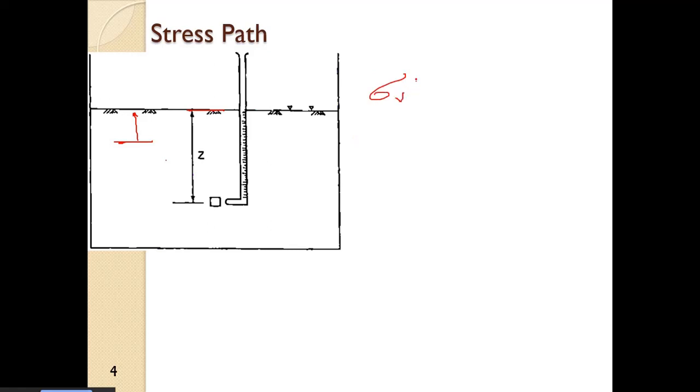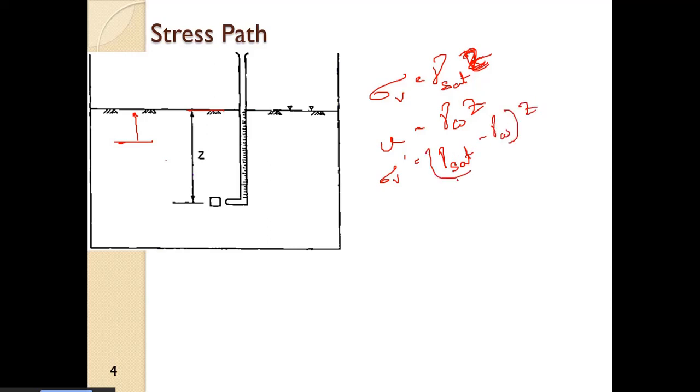So sigma v is equal to gamma saturated into Z, and the pore water pressure is equal to gamma W into Z. So we have sigma V dash is equal to gamma saturated minus gamma W whole into Z.